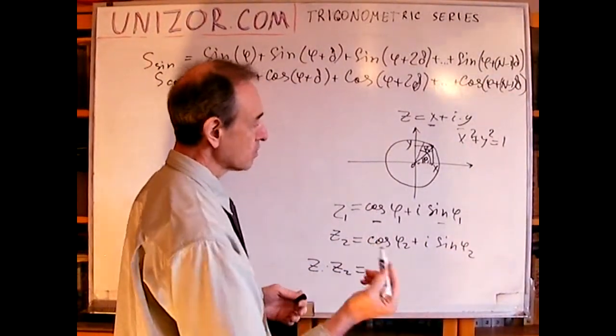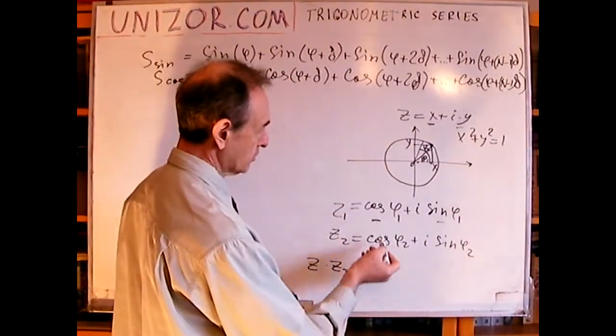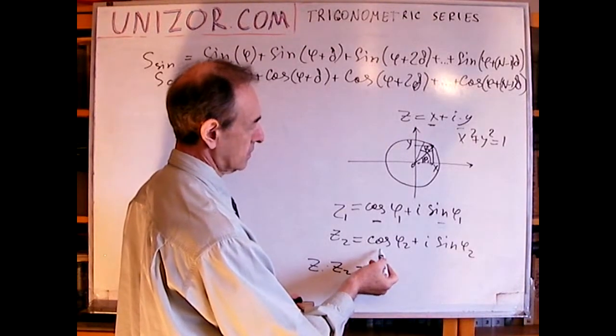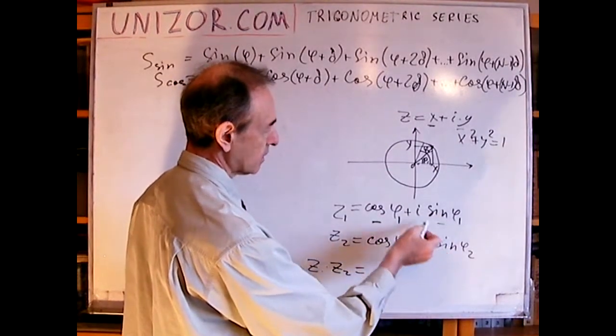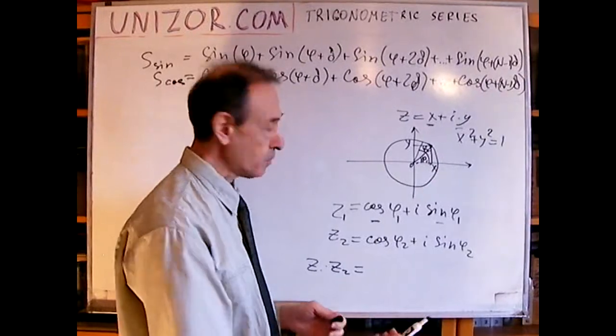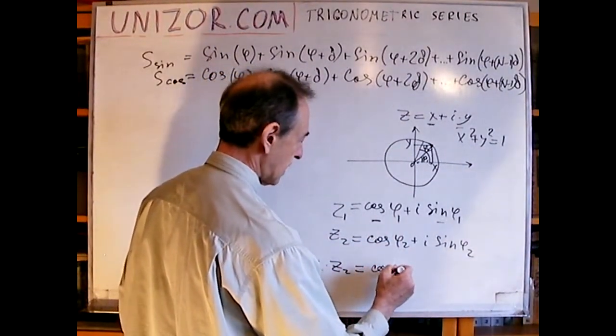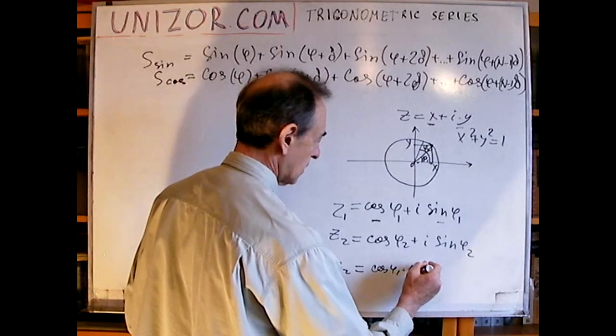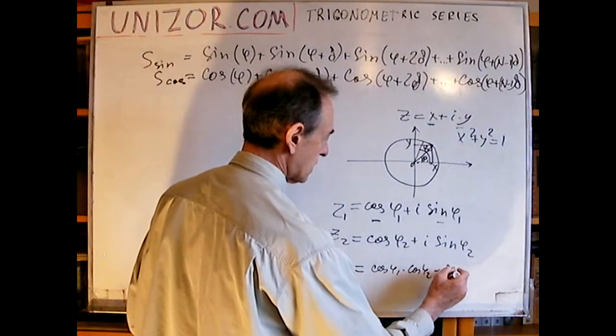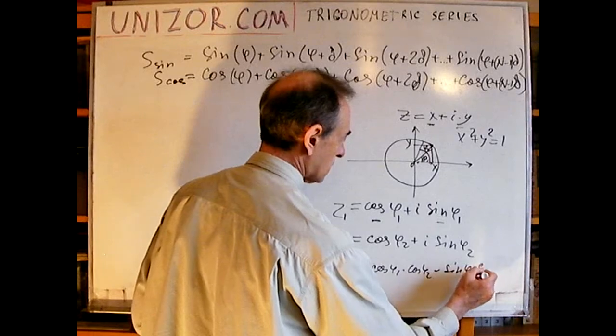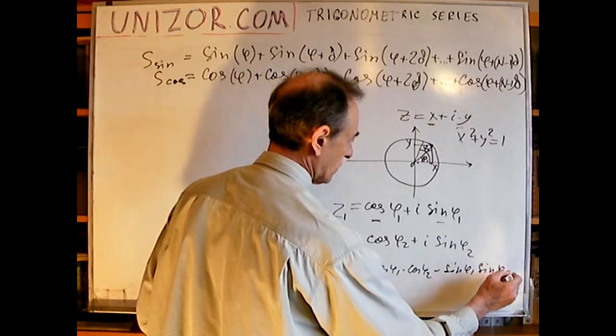So what will be the real part? This will be cosine by cosine, and also sine by sine, because i squared would be equal to minus 1. So the real part of the product would be cosine phi 1 times cosine phi 2 minus sine phi 1 sine phi 2.